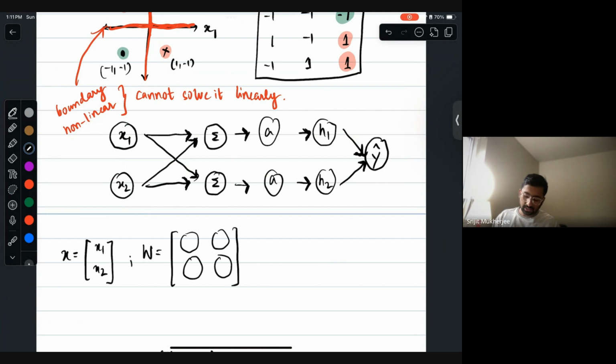To remind you, let's call it W11 for H1, since it's going to H1, this is W12, this is W21, this is W22. So you have W11, W12, W21, W22, and there's an activation function.